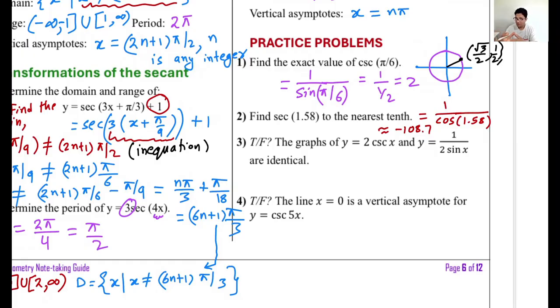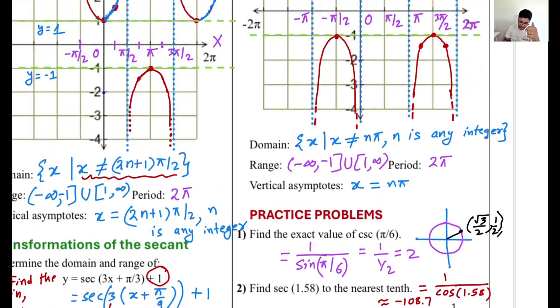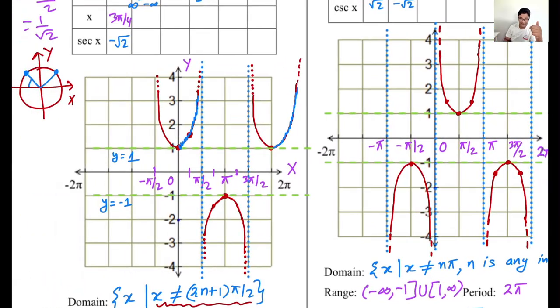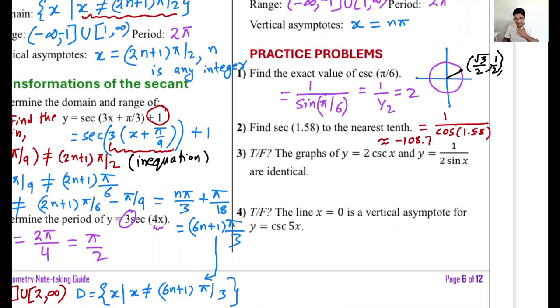So we are close to 90 degrees here, a little more. Now it's negative here because it's in the second quadrant. 1.57 is like pi over 2, 90 degrees, so this would be a little more than 90 degrees. And remember the graph of secant. If you are a little bit more than 90 degrees, I'll use a pointer here, you are in this territory. And over there, the values of the function are moving to negative infinity, so it is negative 108.7.